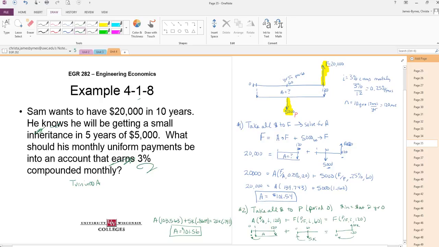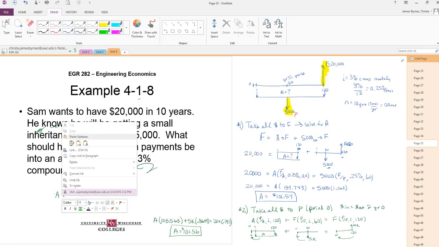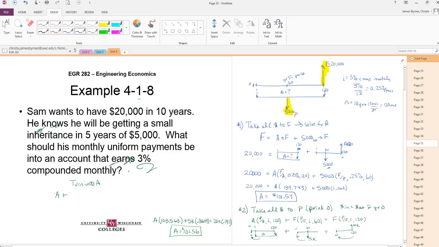Okay, so money in is equal to money out. So I've got money in is A, plus I've got to take my 5,000. I can't turn that into an A because it's smack dab in the middle, so I'm going to bring it back to year 0. Find a P given an F, 0.25% for 60 periods.